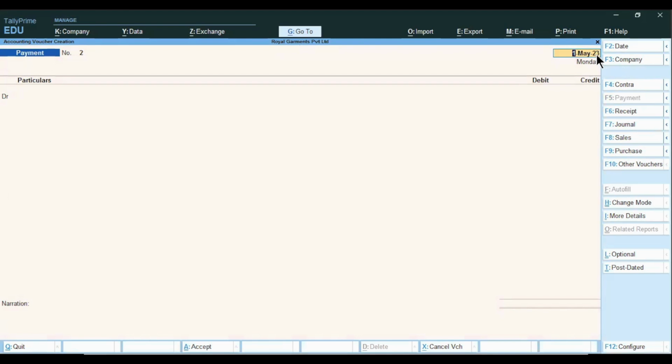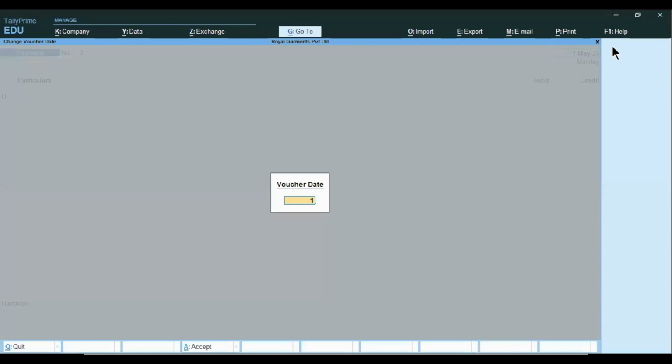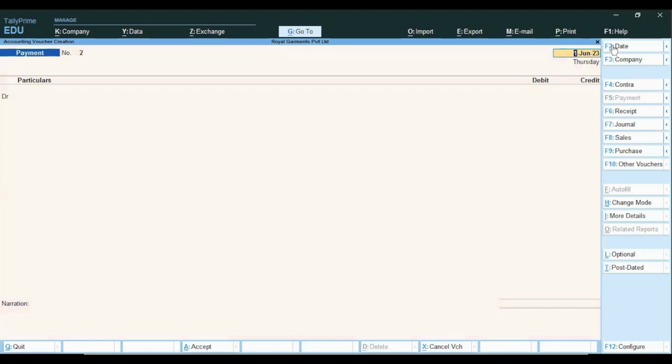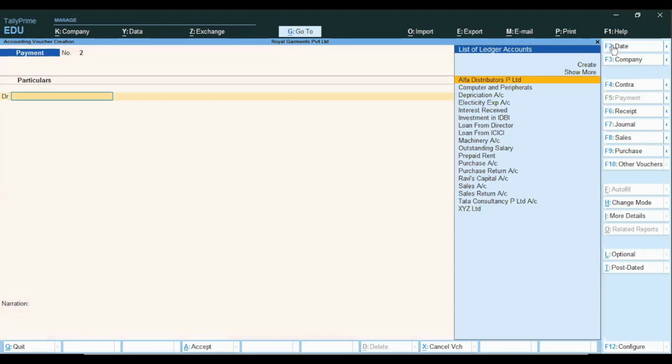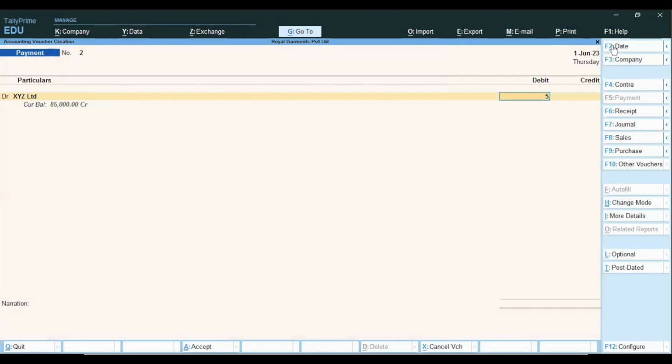Suppose I am paying on 1st of June 2023. Enter. So debit will go to XYZ Limited.